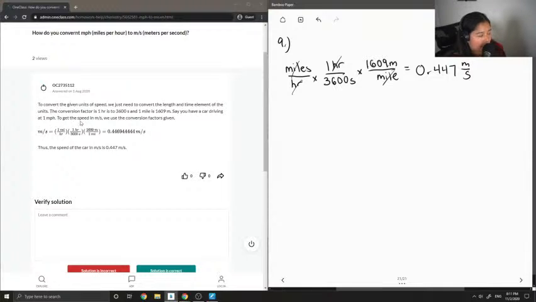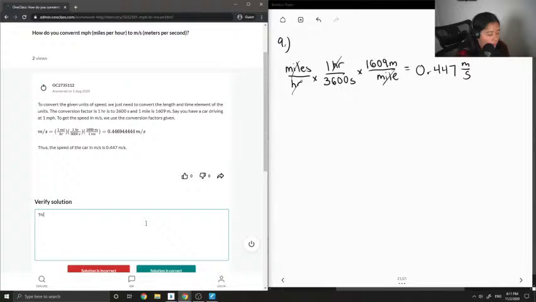To get the speed in meters per second, we use the conversion factors given. So they did the same conversion factors I did as well. Thus, the speed of the car in meters per second is 0.447 meters per second. So basically, you just multiply by 0.447.